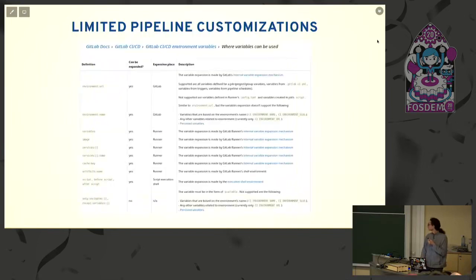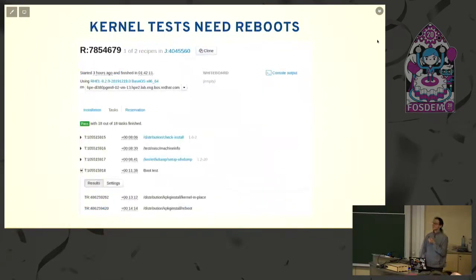What else do you have? Oh yeah, that's an interesting one. Most test systems don't expect the test to reboot. I don't know why, but kernel tests actually reboot a couple of times. It's something kernel developers think is useful. You need to boot into your kernel, and then you might also restart a couple of times.